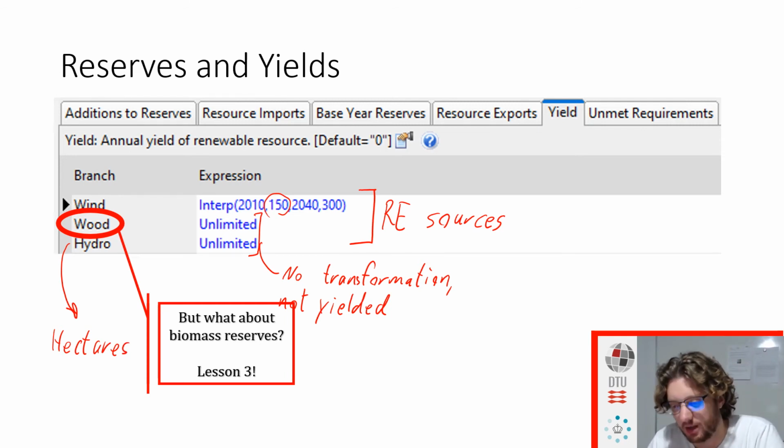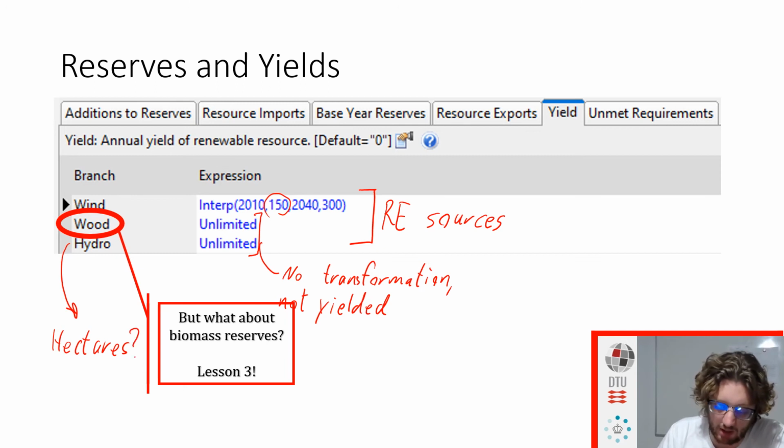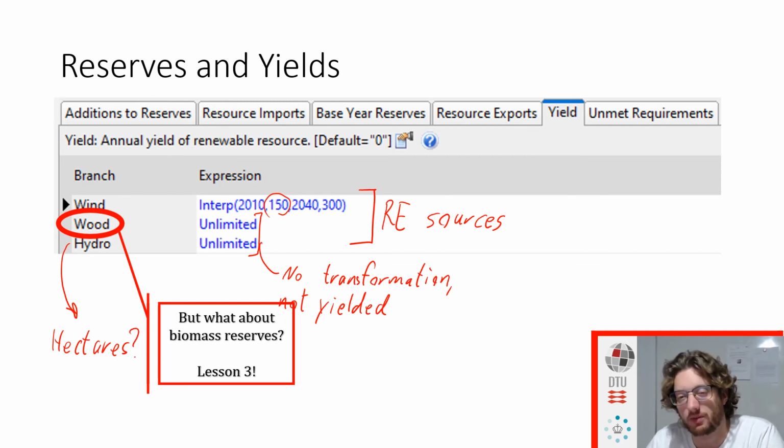It has a certain number of mass per hectare or per square kilometer or something similar. So how do we account for that, and for different biomass resources that have similar yields? Maybe we can over yield and under yield? What can we do there? We will get to that in lesson 3 when we talk about land use.